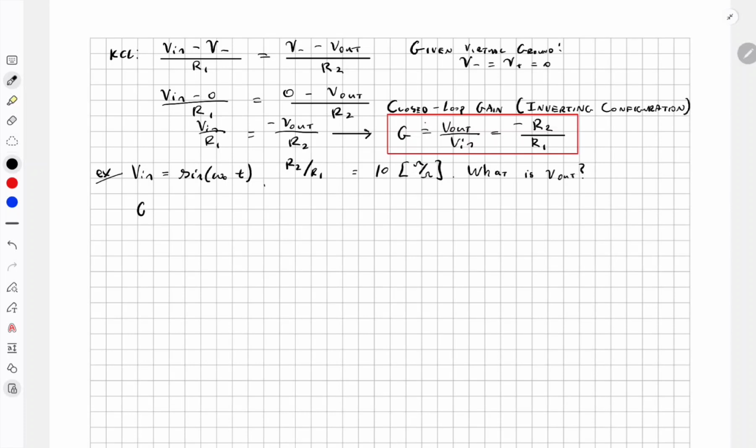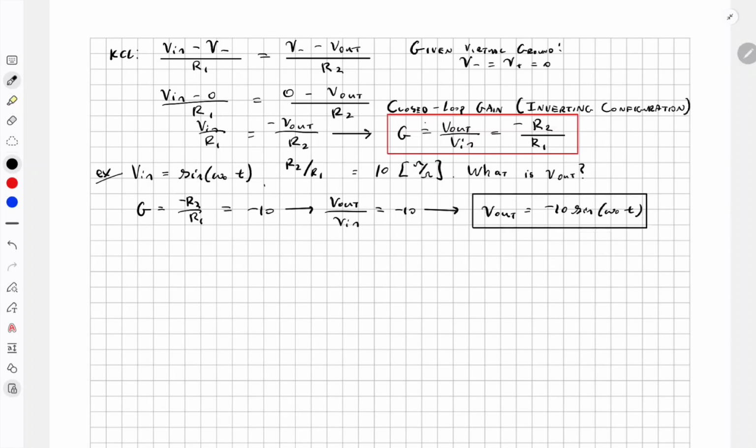So G is equal to negative R2 over R1, which is equal to negative 10. So the gain, V out divided by V in, must equal negative 10, right? So just do gain multiplied by input: V out is equal to negative 10 sine omega naught t. Yeah, so it's pretty simple.